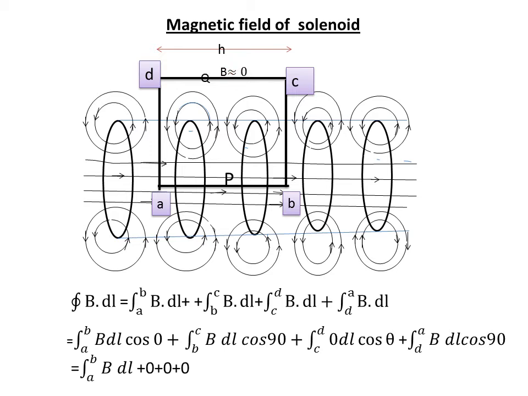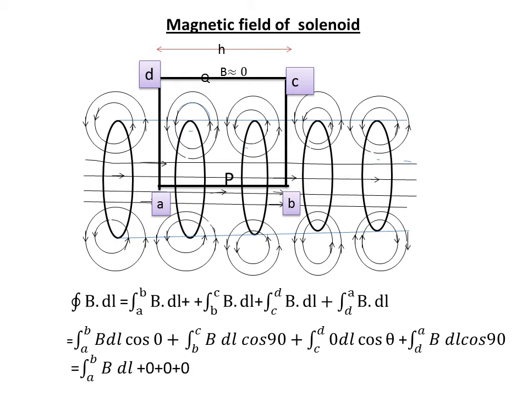So, instead of B we can write 0 here. And for the fourth part, that is from D to A, B dl and the angle between DA and B. DA is like this and magnetic field is towards right. So, cos 90.